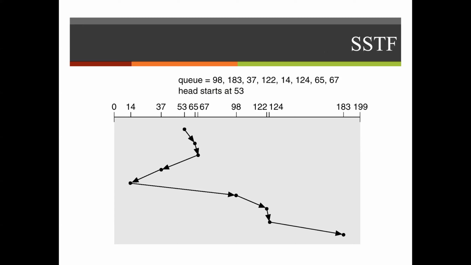Shortest seek time first is going to be similar to SJF processor scheduling, in that shortest seek time first seeks to minimize the average wait time for a given set of requests.